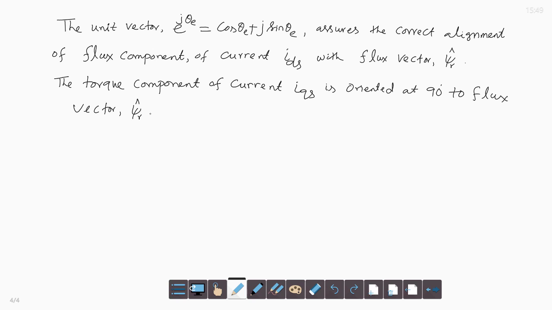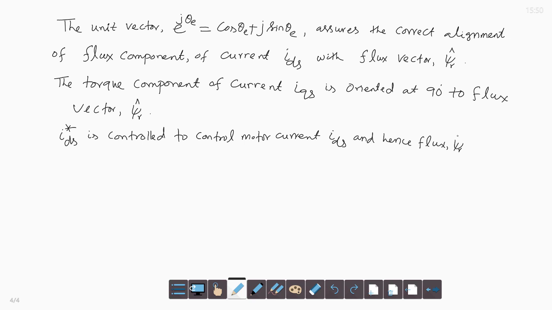So, when the flux is to be controlled only, IDS star is controlled to control the motor current IDS and hence the flux psi r hat.